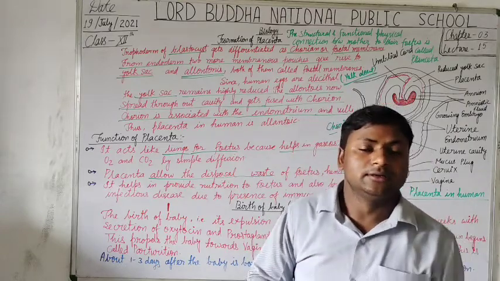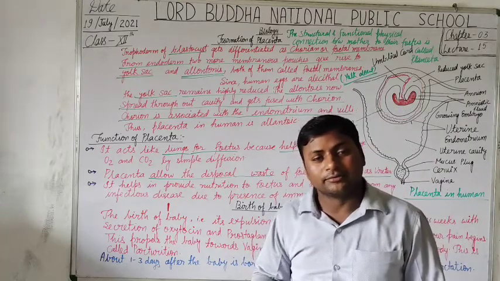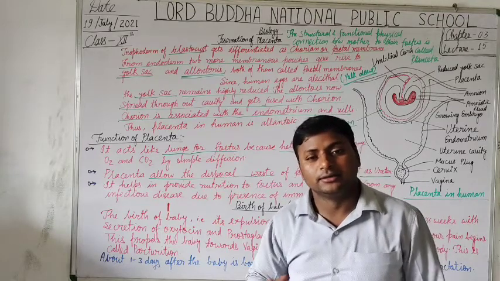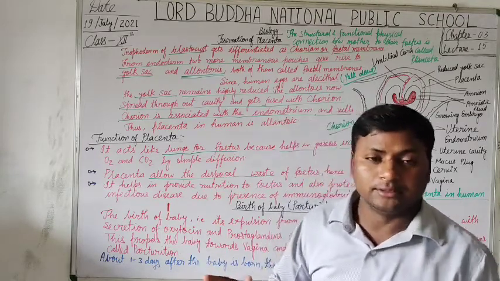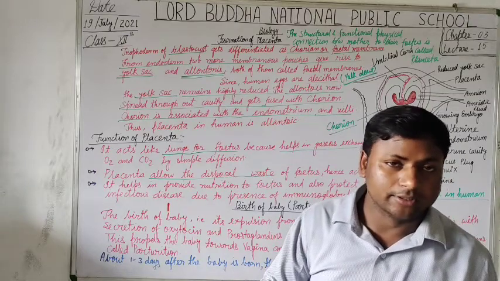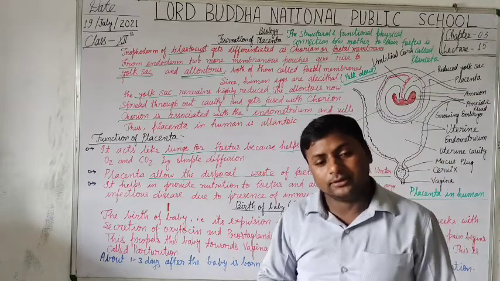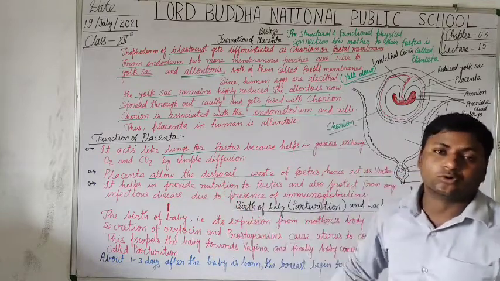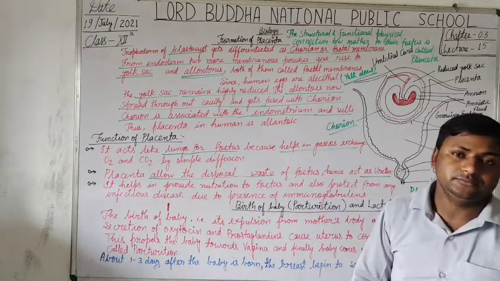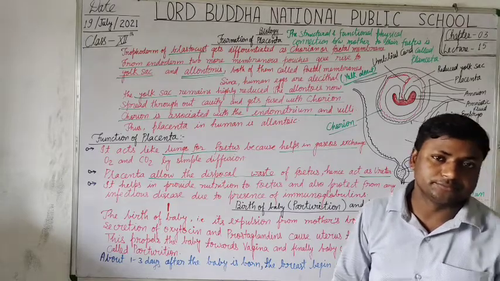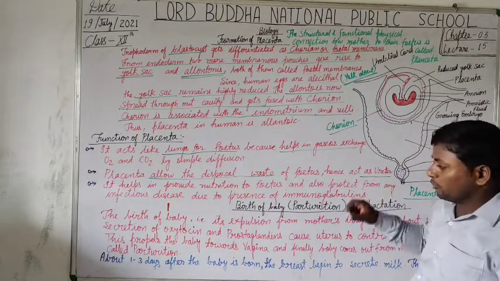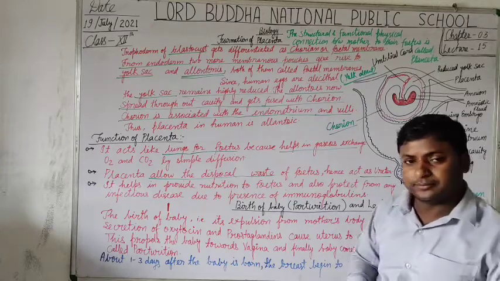If a pregnant mother suffers from smallpox or cowpox disease, then there is no effect on the developing baby due to the presence of this immunoglobulin protein. Is that clear? So, these are the important functions of the placenta.